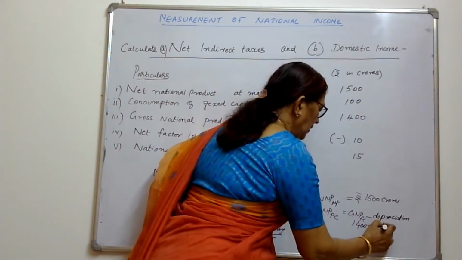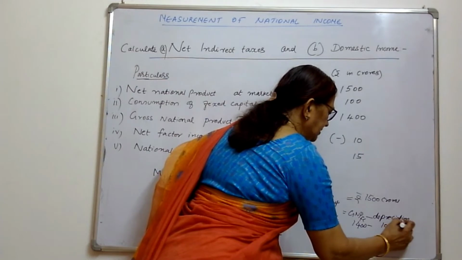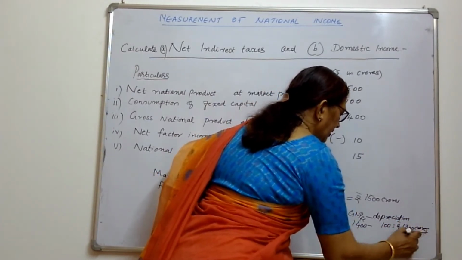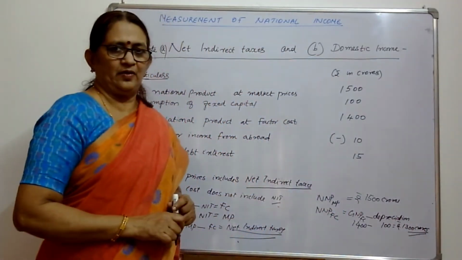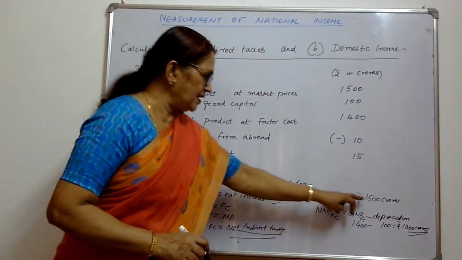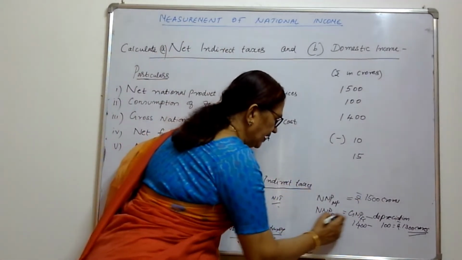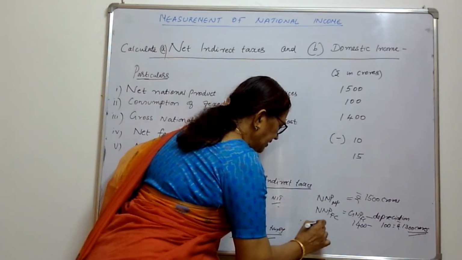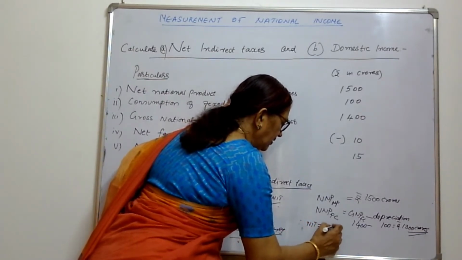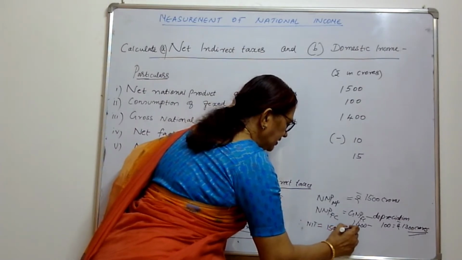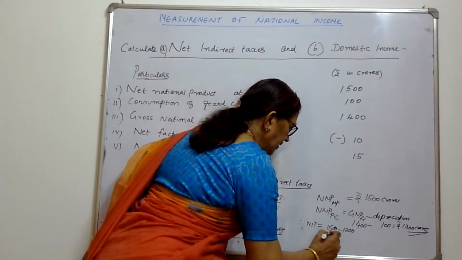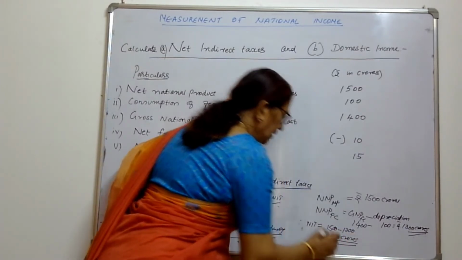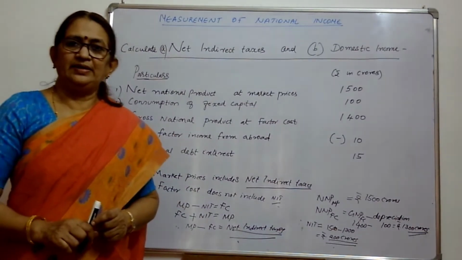Depreciation is equal to 100. So rupees 1300 crores is NNP at factor cost. So NNP at market price 1500, NNP at factor cost 1300. Therefore, net indirect tax is equal to 1500 minus 1300 is equal to rupees 200 crores. That is the value of net indirect tax.